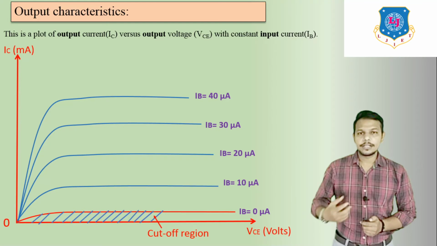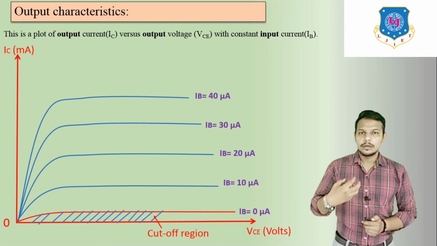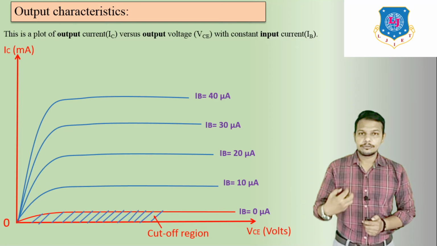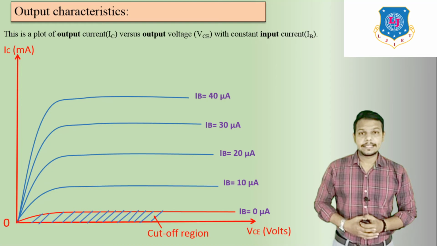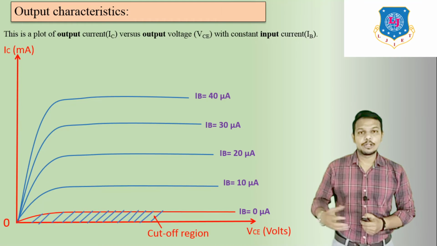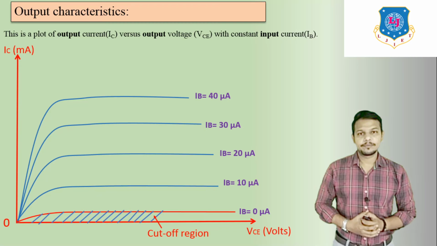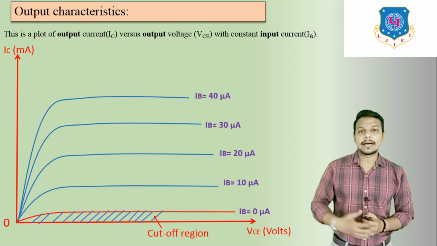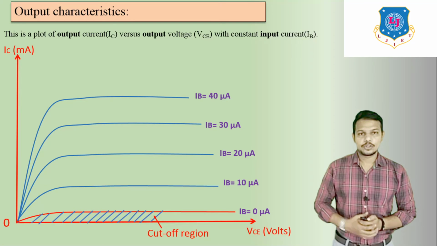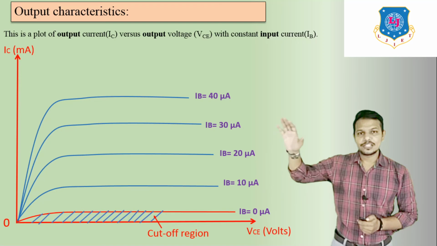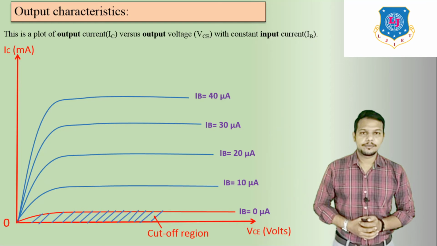We can conclude about this graph with the help of the equation IC is equal to beta into IB. So it depends on beta, you will get your output signal. So this region is known as the active region.